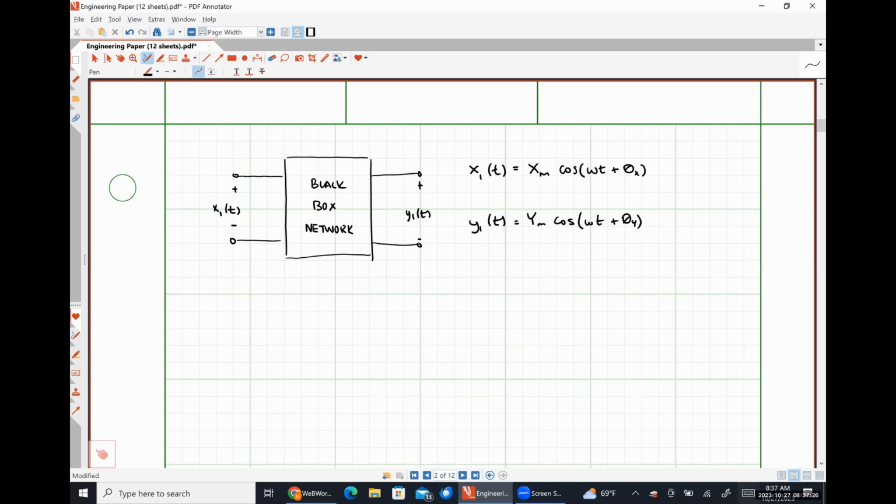That is literally what we just proved with our example problem. We put in a sinusoidal input signal, we get out a sinusoidal output signal.